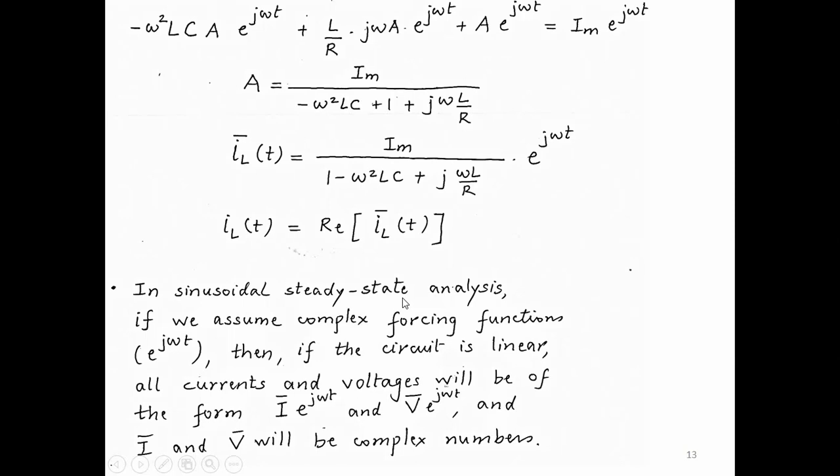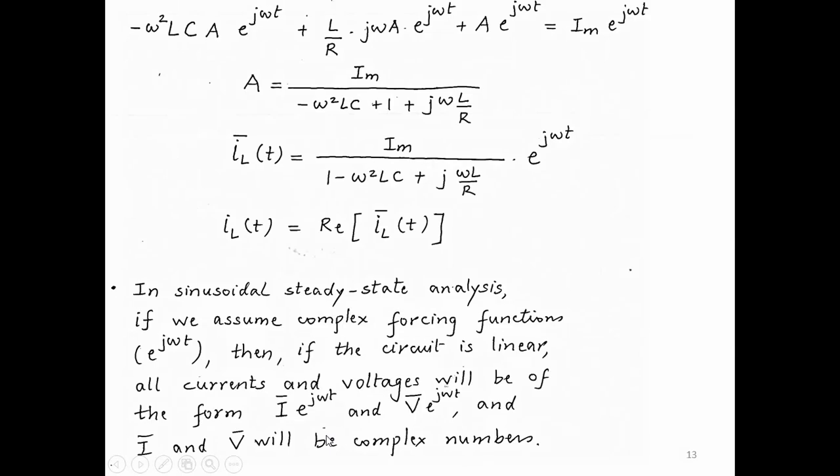And therefore this is our conclusion. For sinusoidal steady state analysis, if we assume complex forcing functions and the circuit is linear, all currents and voltages will be of the form some constant times e raised to j omega t, where I and V will be complex numbers.